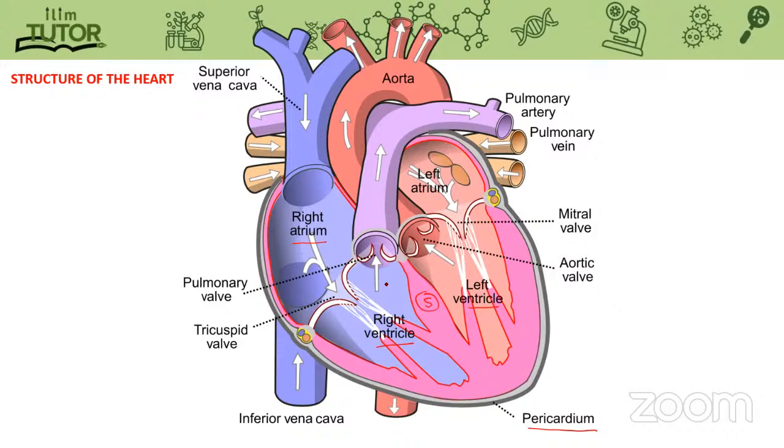Now, let's look at both sides a little bit more. We will see that separating the upper chambers from the lower chambers, we have valves. On the left side, we have the mitral or the bicuspid valve. And on the right side, we have the tricuspid valve.